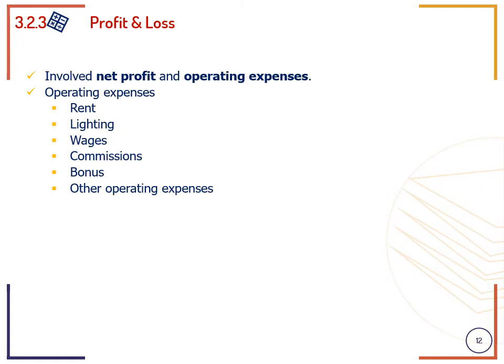If markup is greater than operating expenses, net profit is achieved. However, if markup is less than operating expenses, loss is incurred. Thus, if markup greater than operating expenses, net profit is obtained. If markup less than operating expenses, loss is incurred.